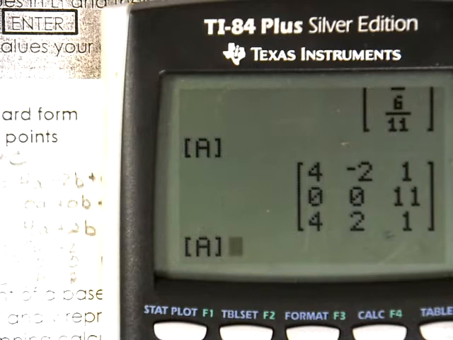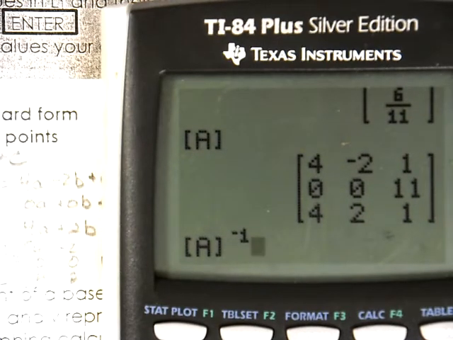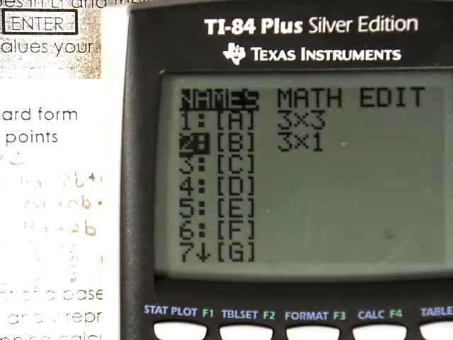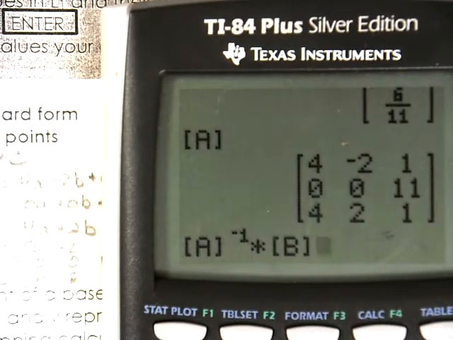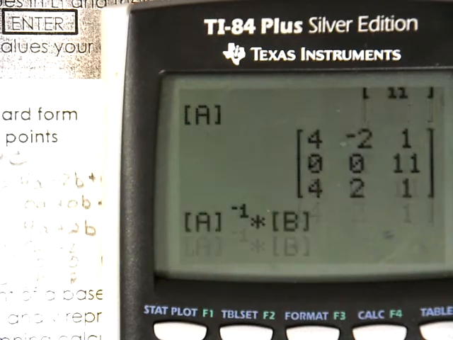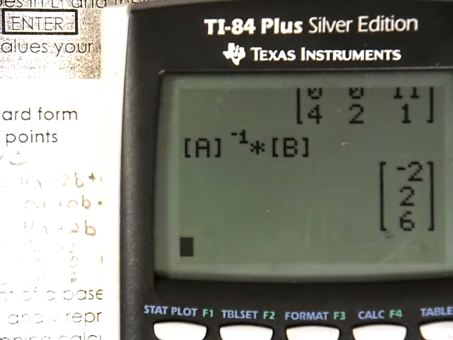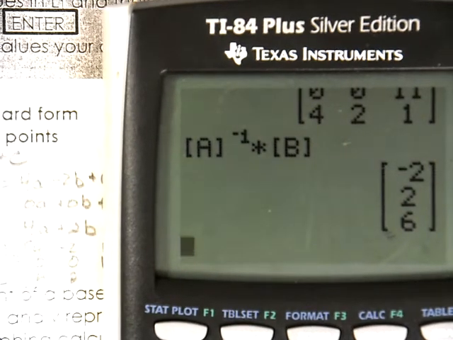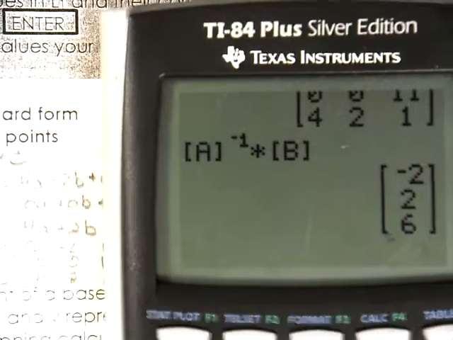Matrix A inverse times matrix B. This is going to give us our calculation. There it is, so much cleaner. I don't know what was happening. -2, 2, and 6.